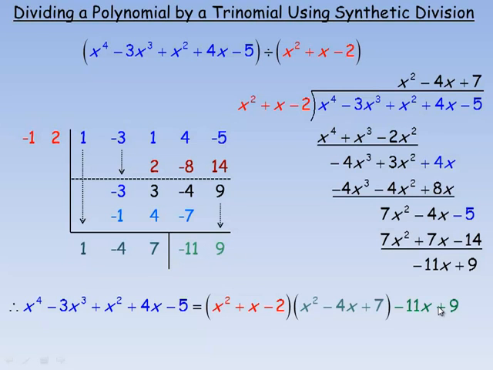And the reason some of these signs are opposites, remember, in long division you subtract successive rows, in synthetic division you add. And if you remember, in long division, the coefficients 1x squared minus 4x plus 7 are actually these coefficients right here, 1, -4, and 7.